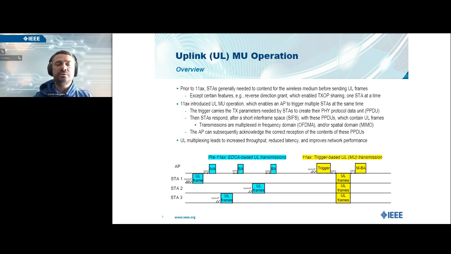Once you gained access to the medium, you would be able to transmit to your peer station. There were certain features that would allow granting a portion of your TXOP to a particular station, for example, the reverse direction grant. But anything related to multi-user operation itself was not possible prior to 11ax.